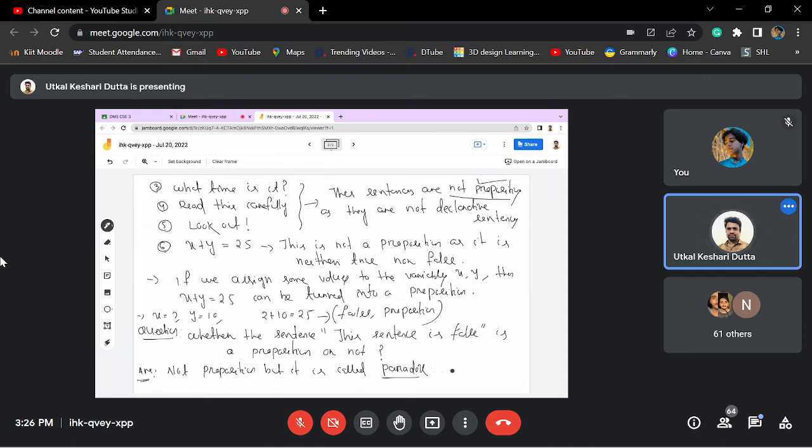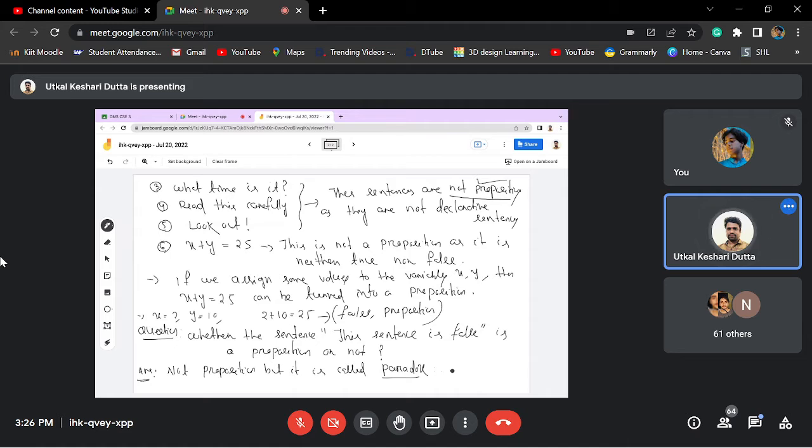The truth value of this sentence, I am taking it as true. True means you are saying that "this sentence is false" is true. But "this sentence is false" is the true fact. That means this sentence is false. Let the truth value be false.